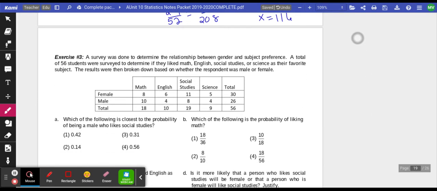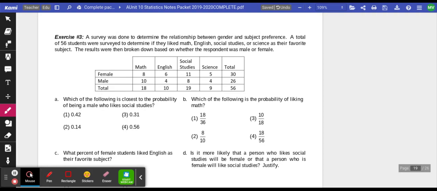For number 3, a survey was done to determine the relationship between gender and subject preference. A total of 56 students were surveyed to determine if they like math, English, social studies, or science. The results are broken down there. Which of the following is closest to the probability of being a male who likes social studies?